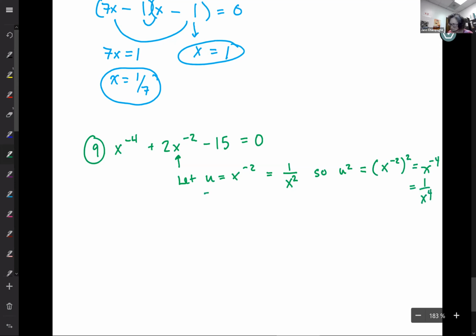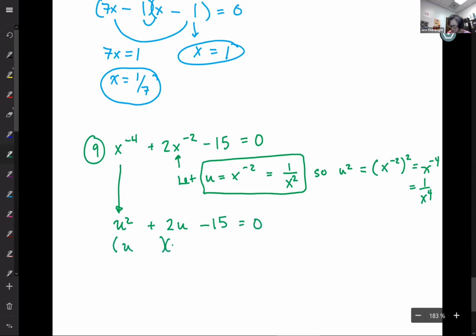But it's really this one that you care about, right, for later. But when you do the substitution, you get u squared plus 2u minus 15 equals 0.